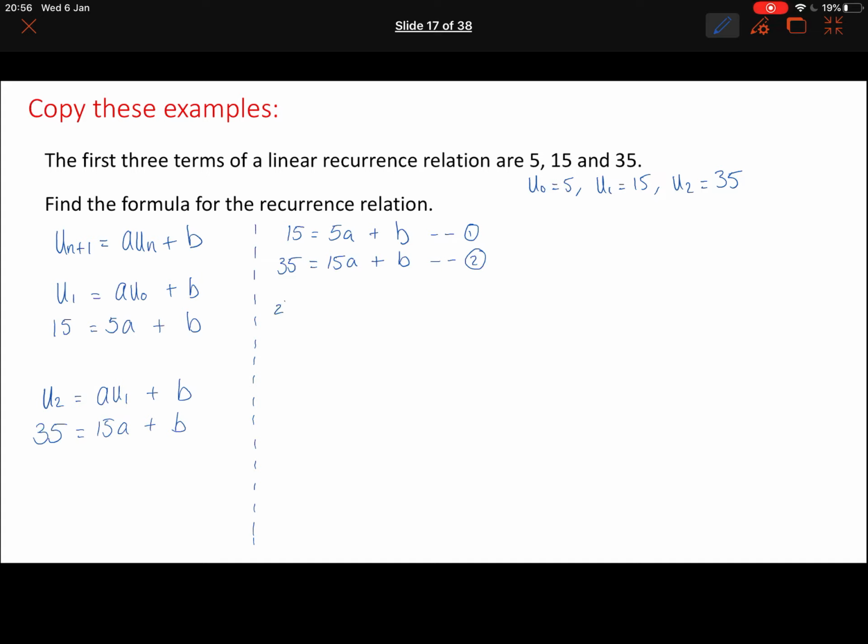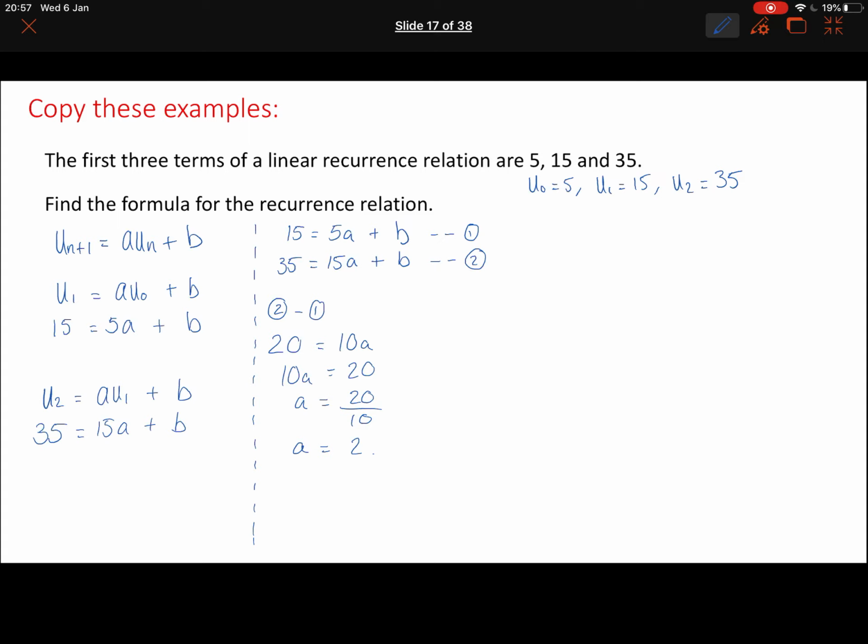So 2 take away 1 would leave us with 20 is equal to 10a, and the b's would obviously disappear at this point. So 10a is equal to 20, so a is 20 divided by 10, so a is 2.